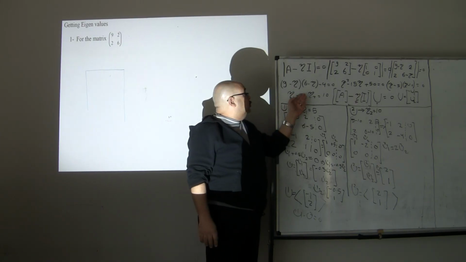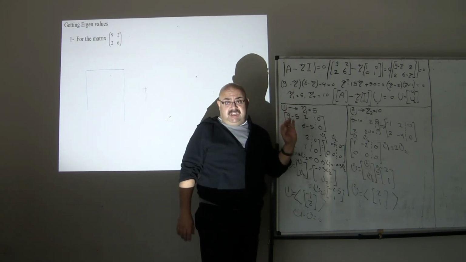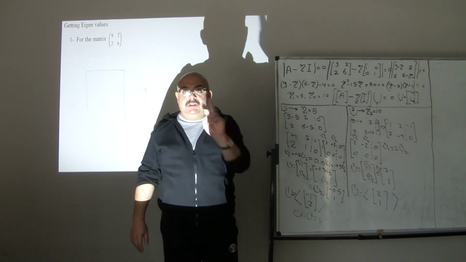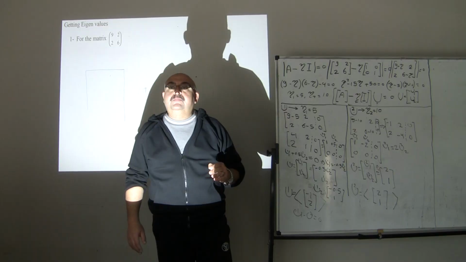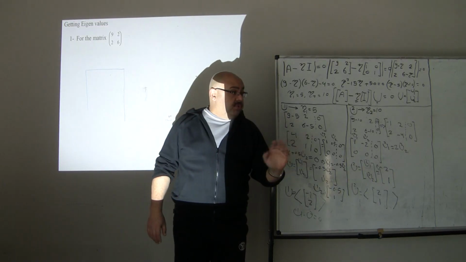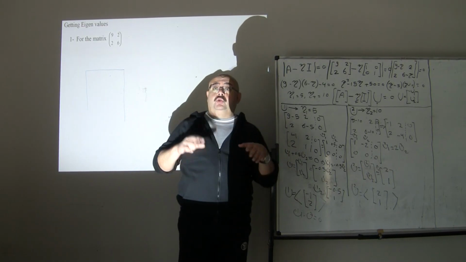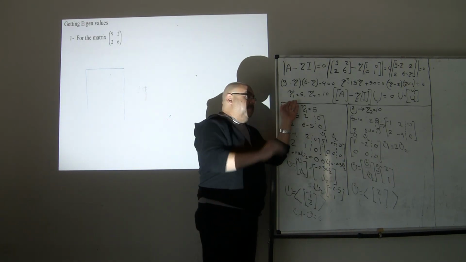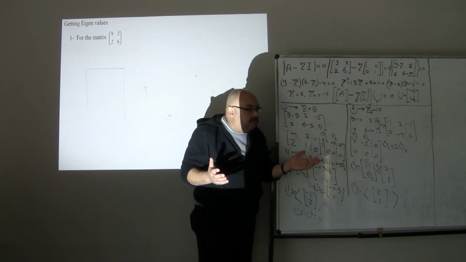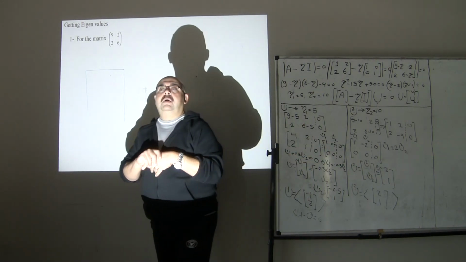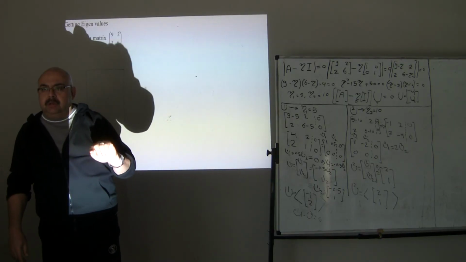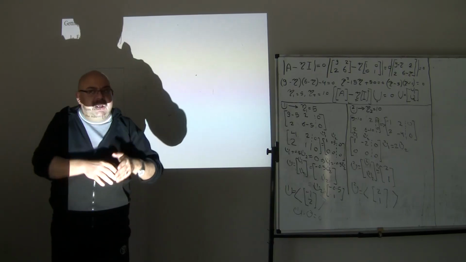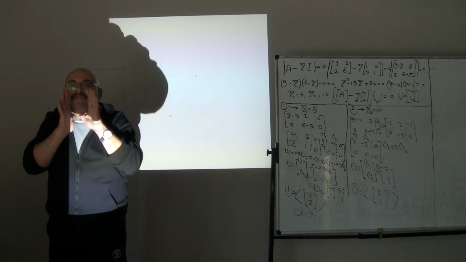In this case, if it was repeated 2 times, I would say that this number has an algebraic multiplicity of 2, the number of repetitions of the root. If I tried to solve another equation with eta minus a to the power of k, I would call this root an algebraic multiplicity of k. Simple. So once more, what's the algebraic multiplicity? The repetition of the root. The algebraic multiplicity is related to the eigenvalues.